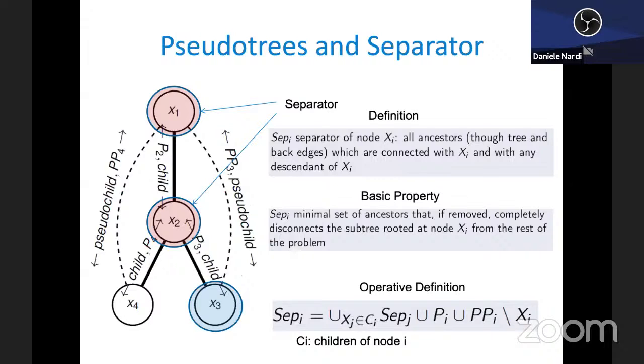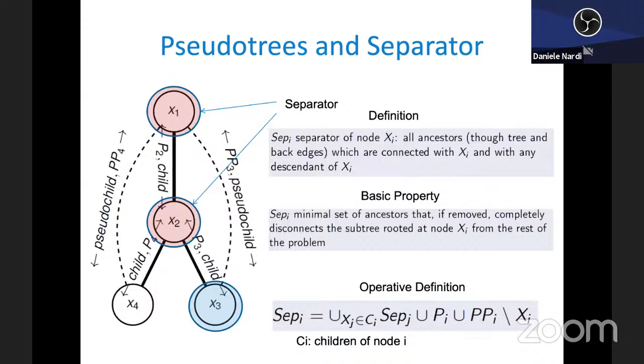So, as I mentioned earlier, the pseudo tree has the feature that if we take the node x2, this has two children, x3 and x4, but in fact, in order to break the structure in parts that are independent, we need to consider both x1 and x2, which means not only the node, but also the parent, so to speak, but also the pseudo parents of the nodes that are in the two subtrees.